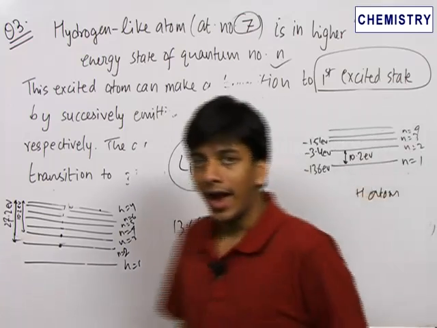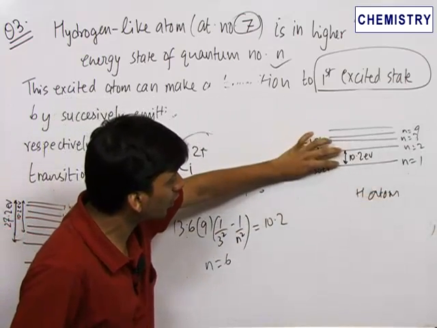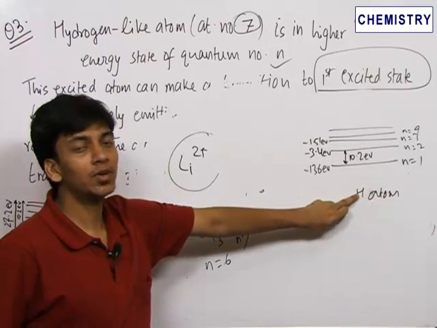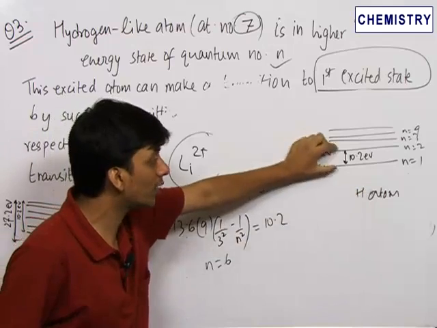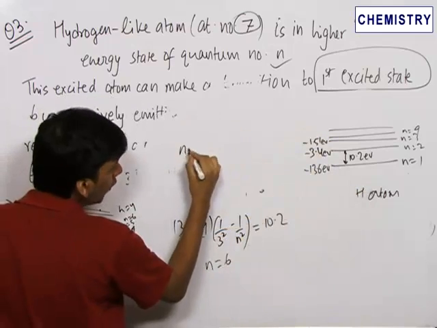Now an energy difference of 10.2 electron volts between states 1 and 2 in the hydrogen atom will be equal to the energy difference of 10.2 electron volts in the helium plus ion from states 2 to 4.